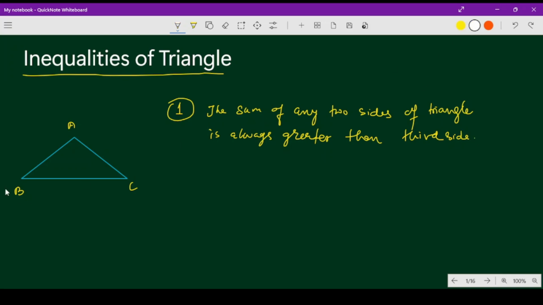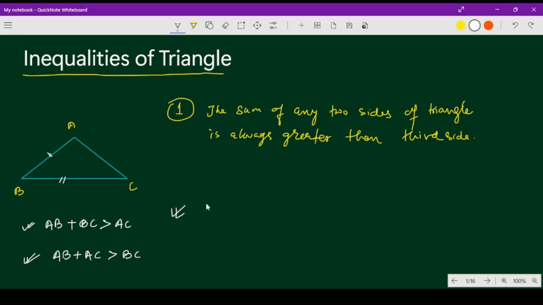So from this picture, we can find that if we add these two sides, AB and BC, then this will always be greater than the third side, which is AC over here. Likewise, if we add any two sides out of these three, then that will always be bigger than the third one.